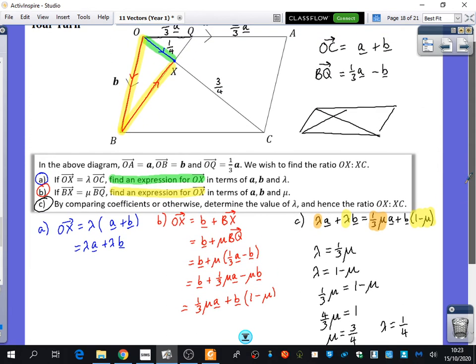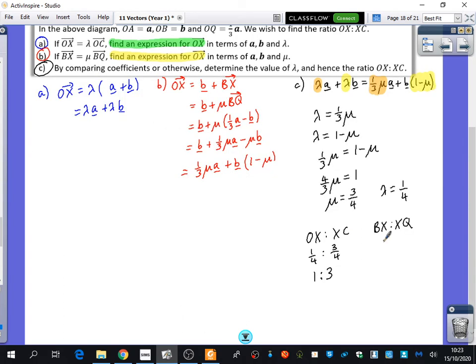Well, we know that BX was 3/4 because mu was 3/4. And then this would be 1/4, so it's 3/4 to 1/4. It's 3 to 1.